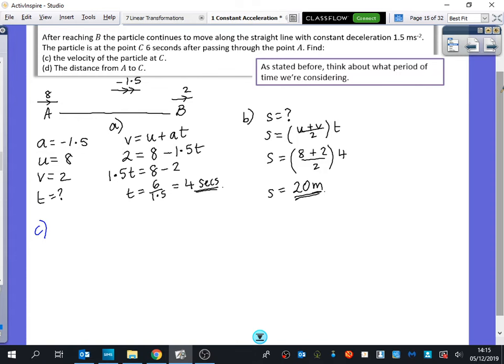Okay, so in this journey, it's gone from 8 to 2 in 4 seconds.